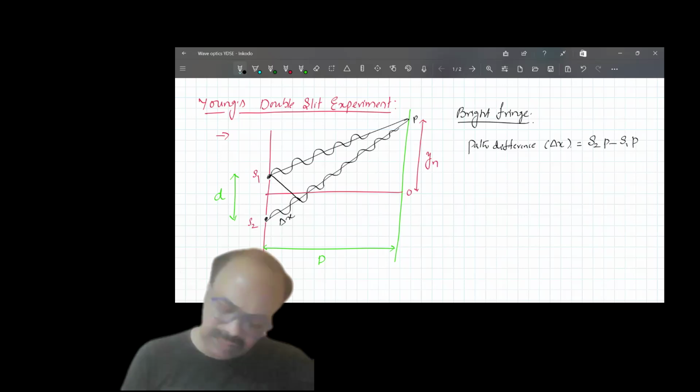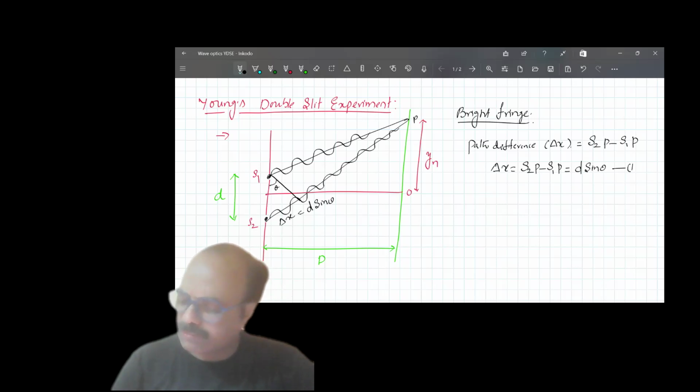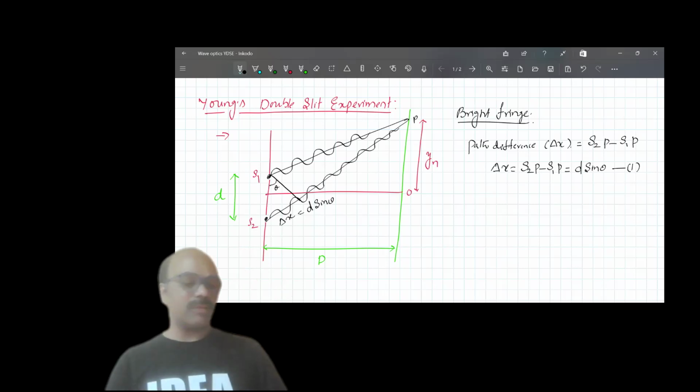If this makes an angle theta, then the path difference equals d sin theta. From the diagram, S2P minus S1P equals d sin theta. This is the basic formula you should know while doing problems.